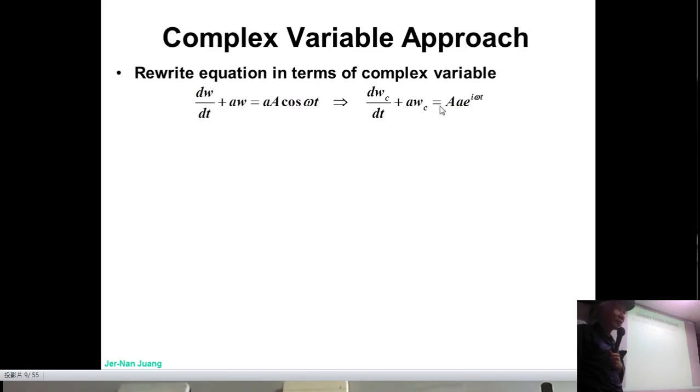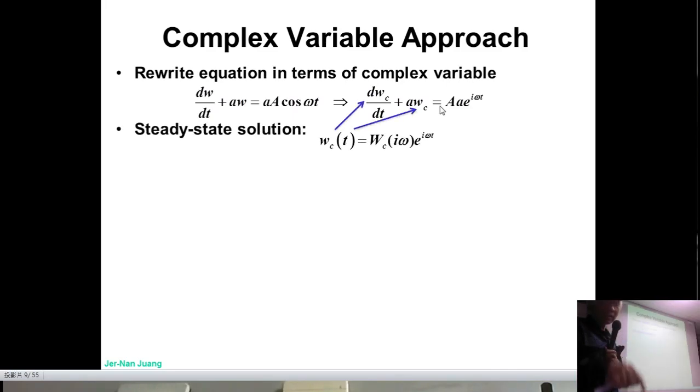Now why do I want to do that? Because with an exponential function as your input, you can solve the differential equation much more easily. Agree? Okay, that's what I do. So I'm not going to solve the left-hand side equation, which has a cosine omega t.